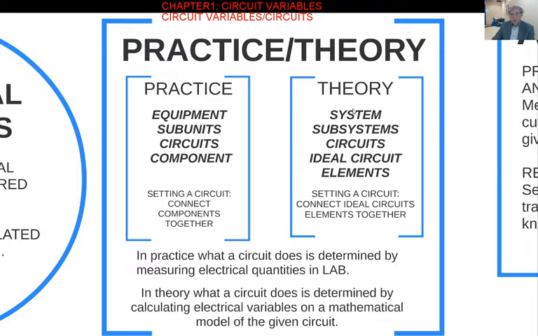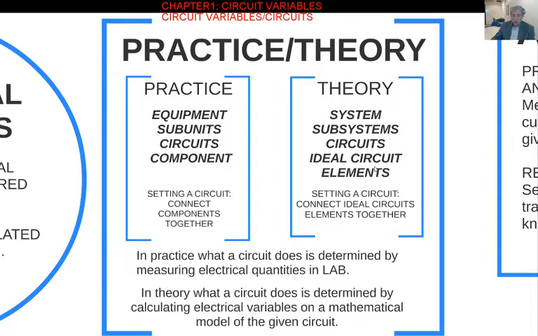So in this theory, we use ideal elements. The reason is this: ideal elements are not the same as the components, at the beginning at least. Ideal elements are the elements for which the mathematical representation is simple. Why do we need that?